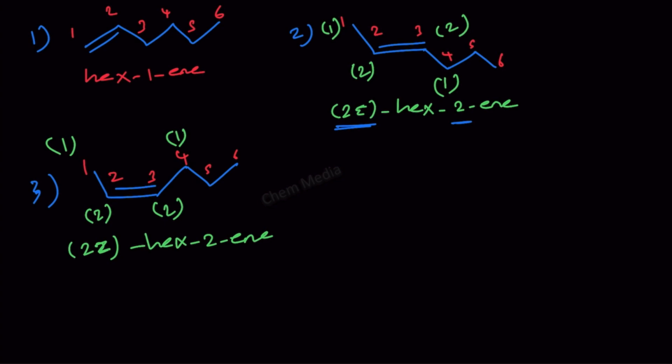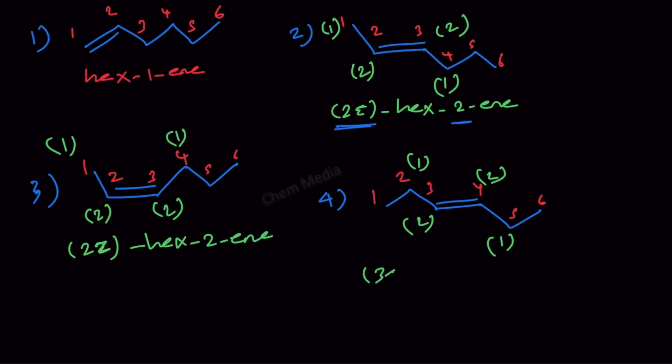That would once again have E and Z isomers. So number 4, 1, 2, 3 and then carbon-carbon double bond 4 and then 5, 6. We are writing the E isomer. So this is 1, 2, 3, 4, 5, 6. Higher priorities are on the opposite side. 1 here, 2 here, 2 here and then 1 here.